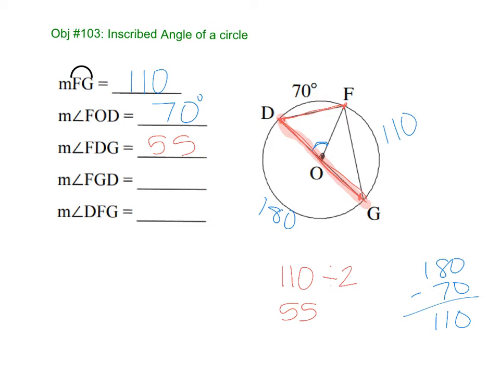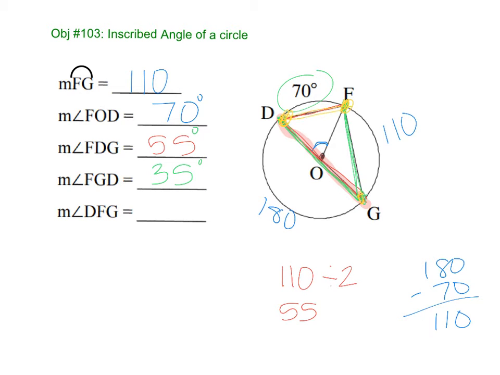We've got FGD. So that's this green guy. And that has an arc of 70. So half of 70 is 35. And then lastly, we have DFG.